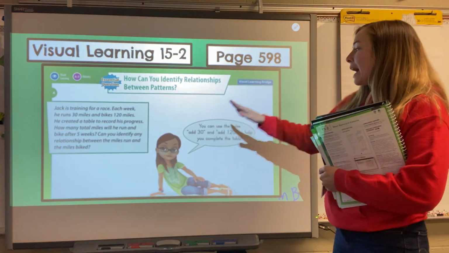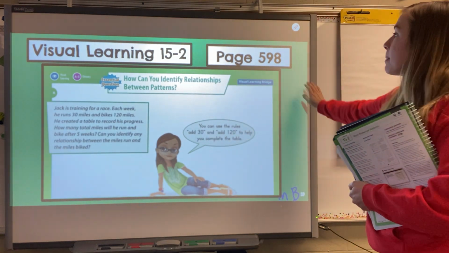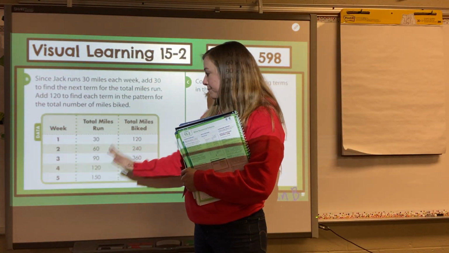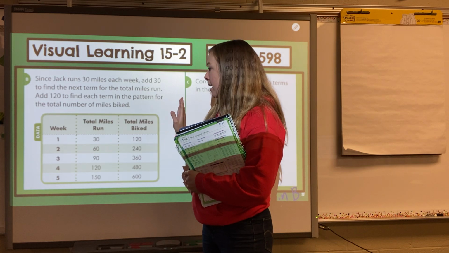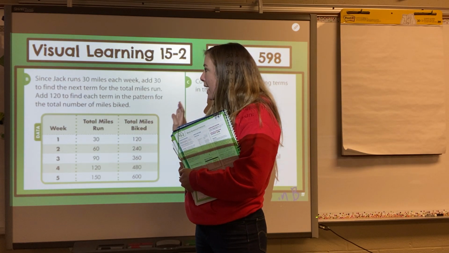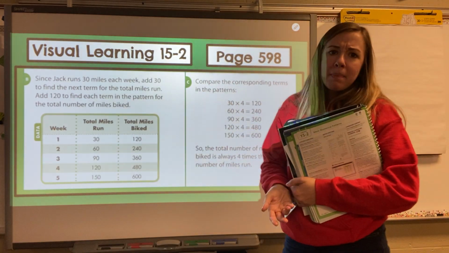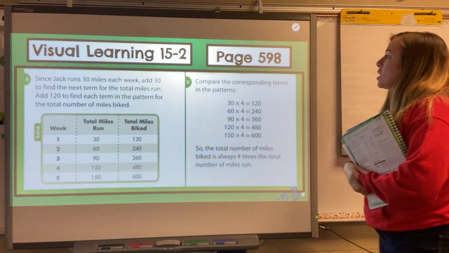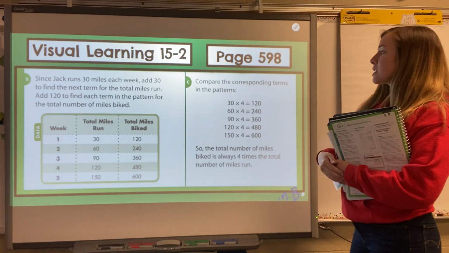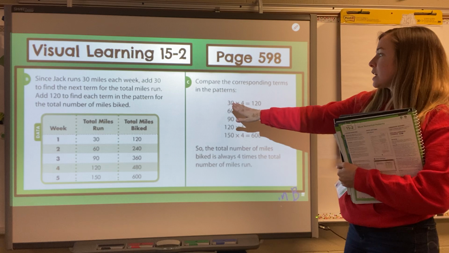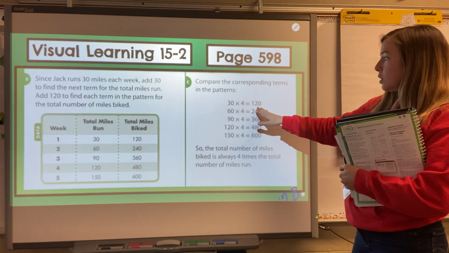So we can use the rules add 30 and add 120 to help us complete the table down below. Each week he's adding 30 for running, and each week he's adding 120 for the biking. And people typically bike a little farther than they run. So what you can do is compare the corresponding terms in the pattern. If you take 30 times 4, you get 120.